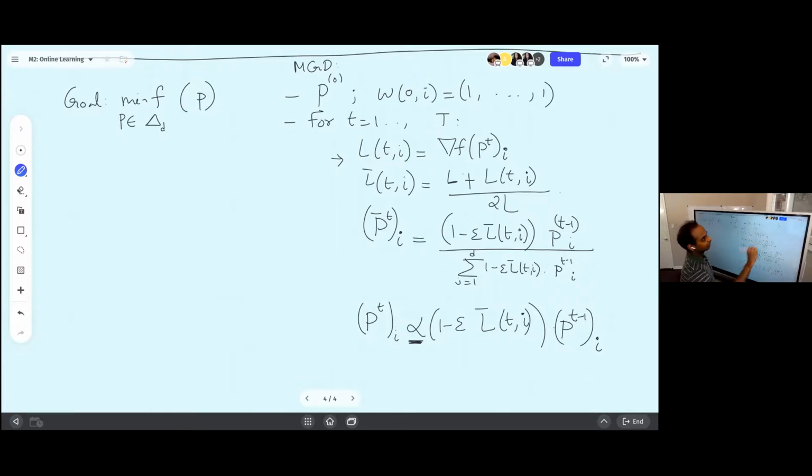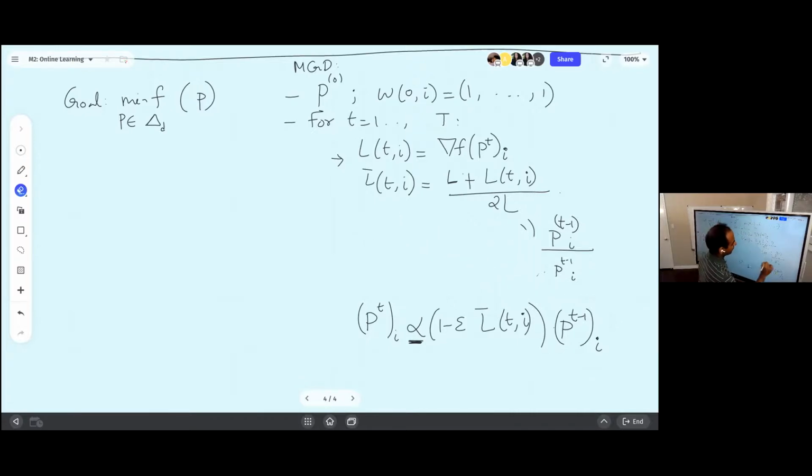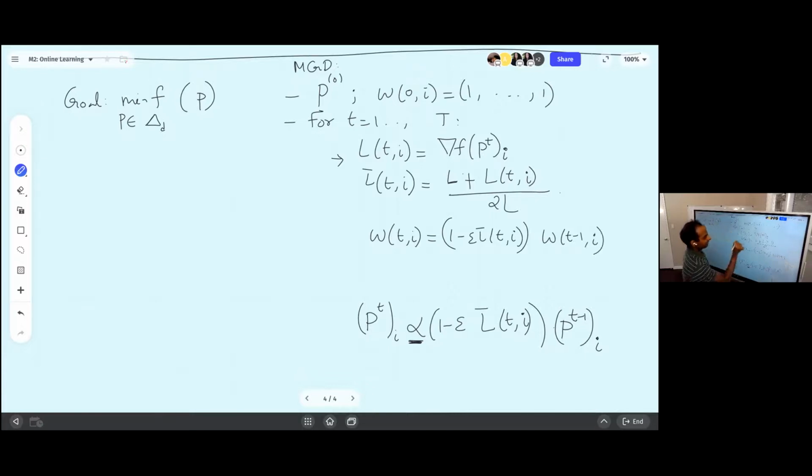So we start with weights being all ones, and I define the update of the weights just as we did for multiplicative weights.